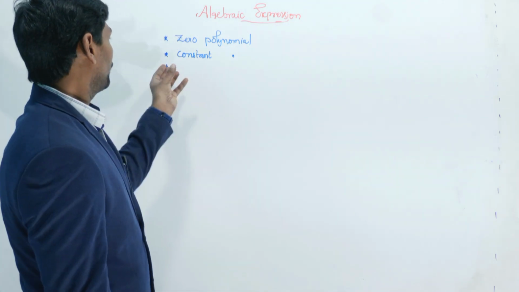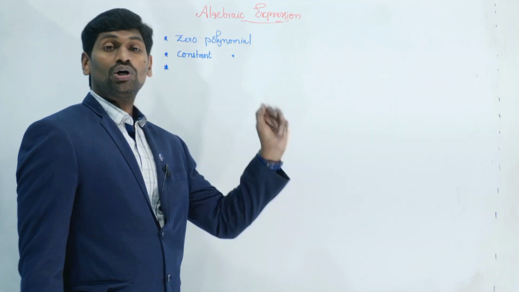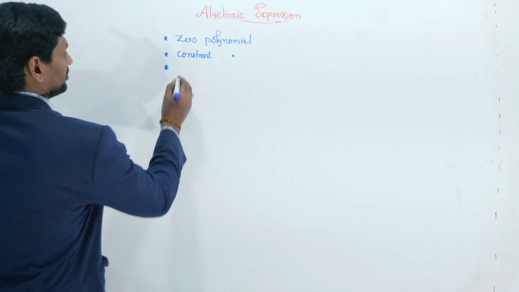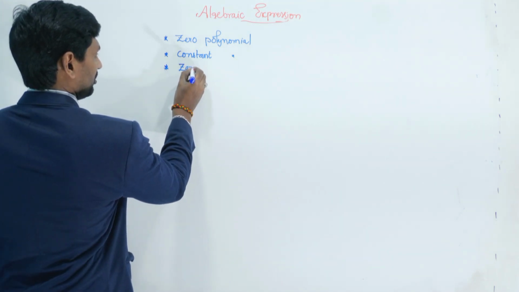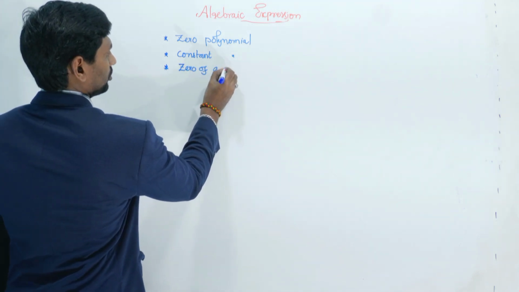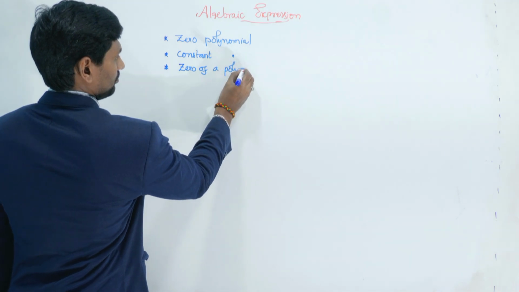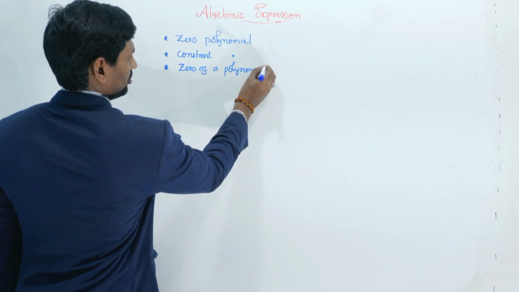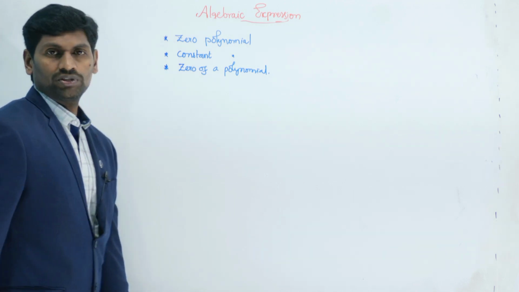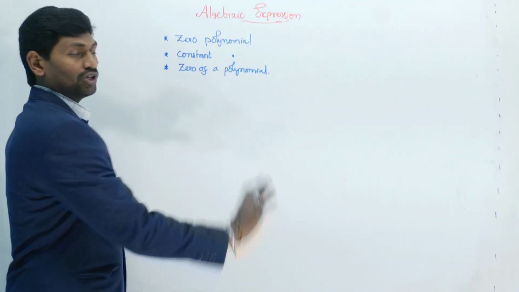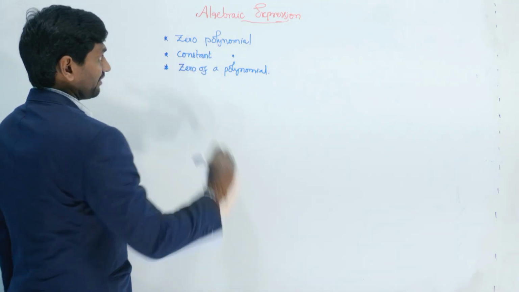Then zero of a polynomial. Zero polynomial and zero of a polynomial are not the same. Zero polynomial we have written now.